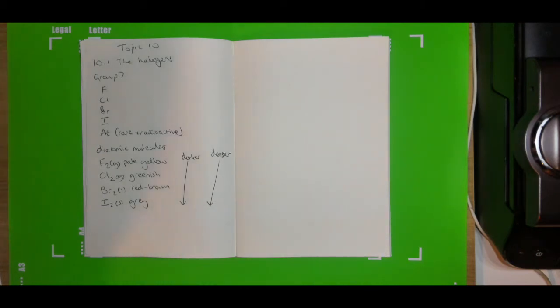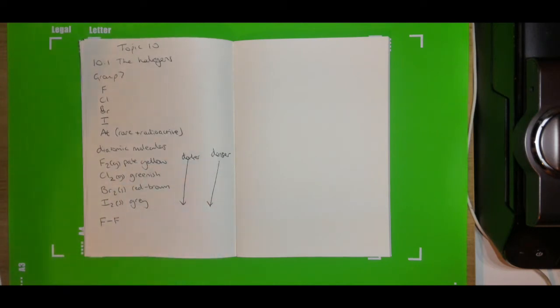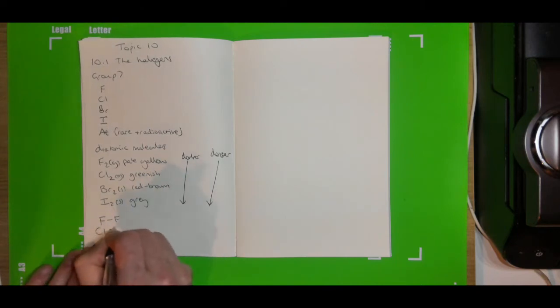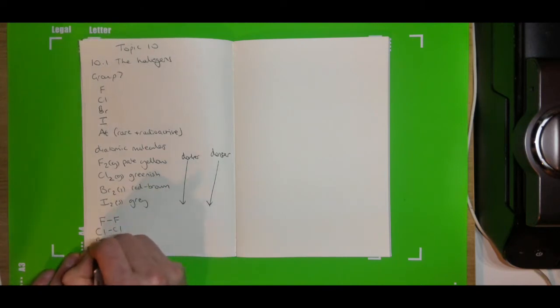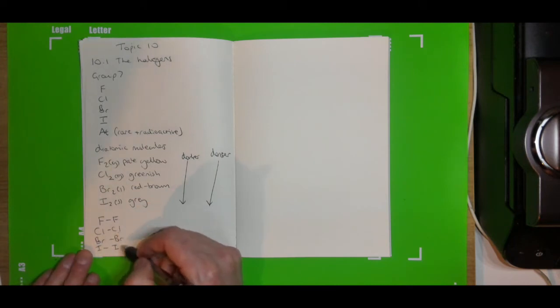So we're looking at the bond strengths now. So we have single covalent bonds between these atoms. Let's come back to fluorine. Let's do the other ones first.